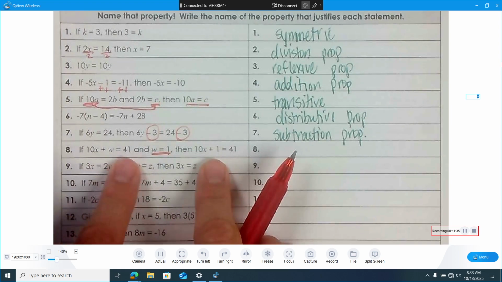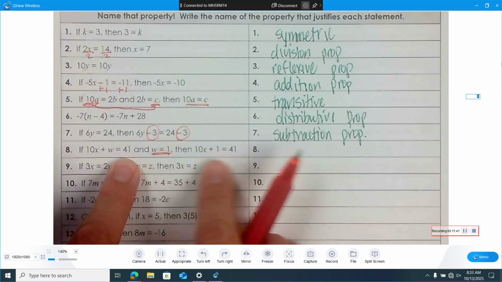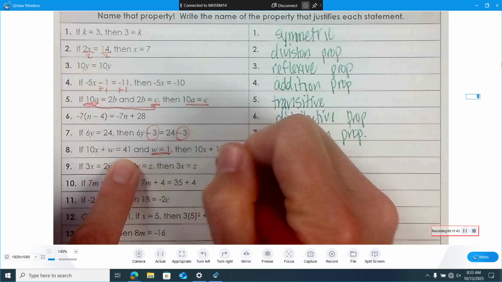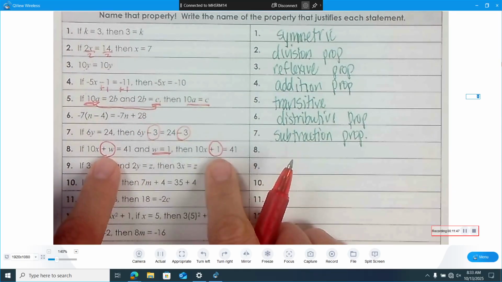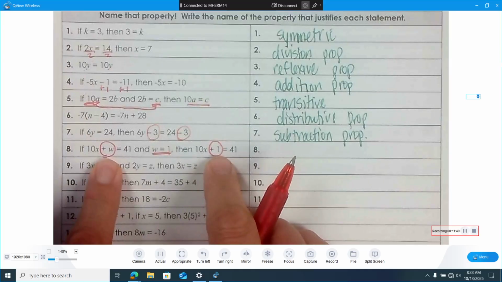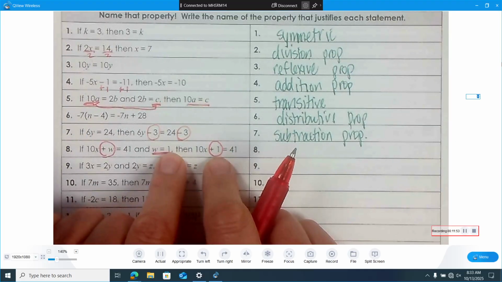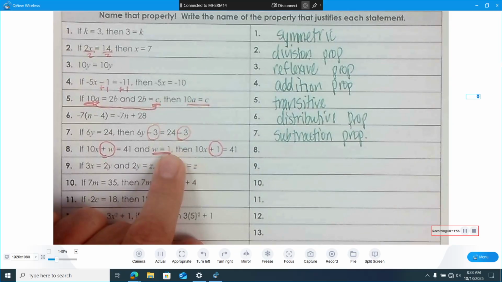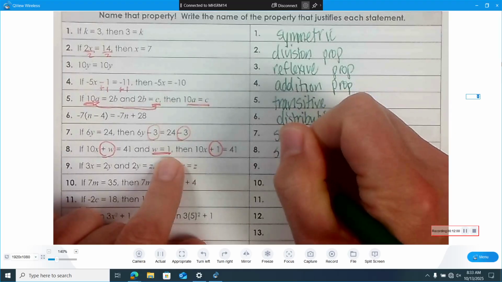So you can see what we started with was this interesting 10x plus w equals 41 equation. And then what we ended with, it's good to notice what changed. So the original w changed and became a 1. So they took out the w and replaced it with the 1. And what property allows us to replace something? The substitution property.